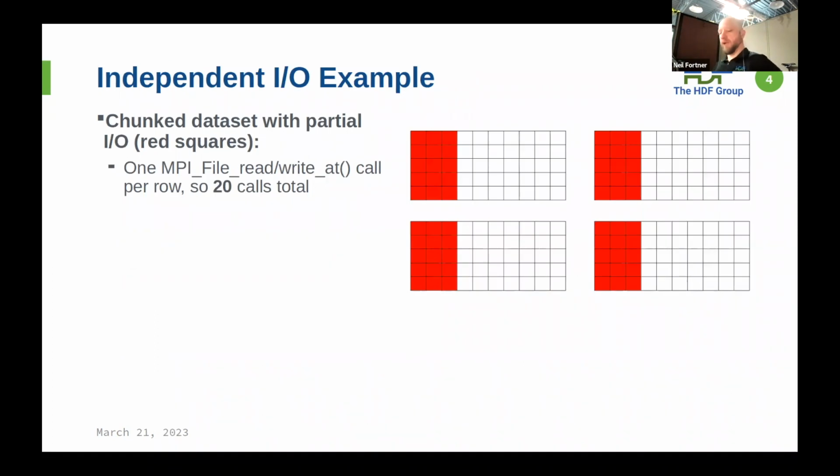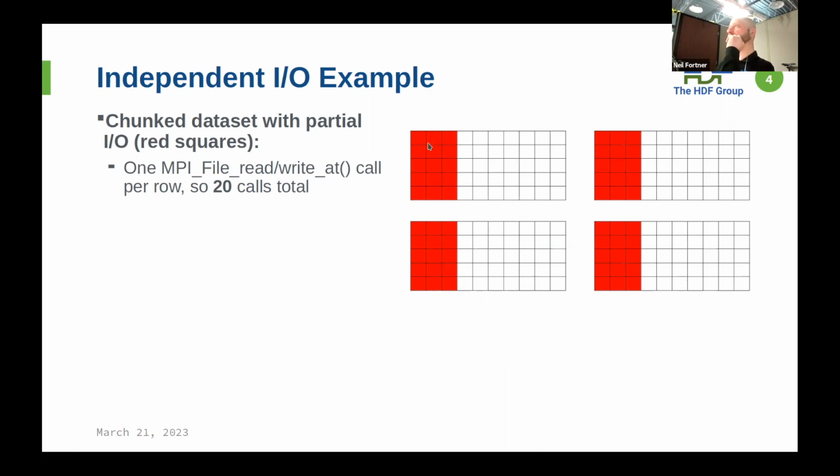So here's a graphical representation of what I'm talking about. If you have this 2D dataset that's broken up into 4 chunks, so it's a 10 by 24 dataset, then in this example you have to make a file read/write call for each little row in each chunk.